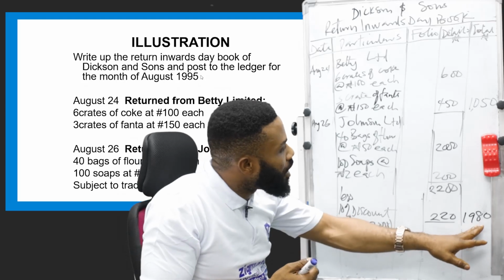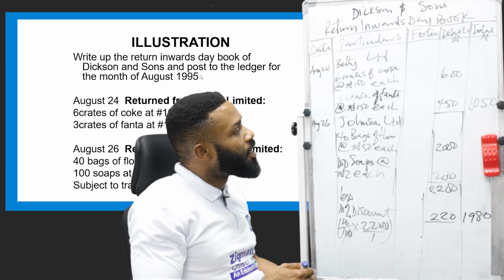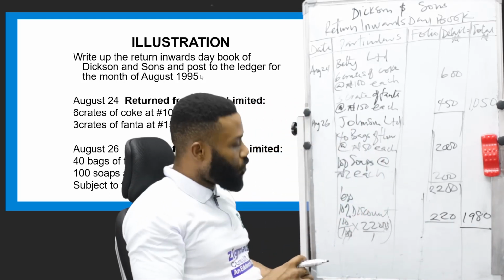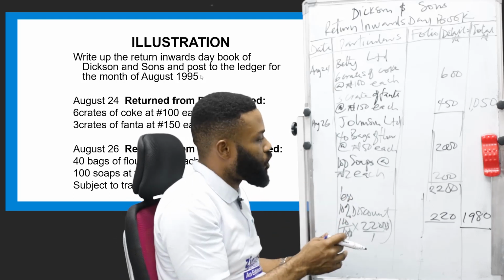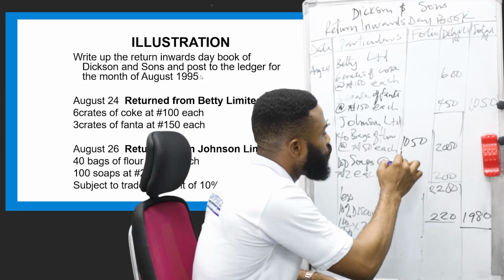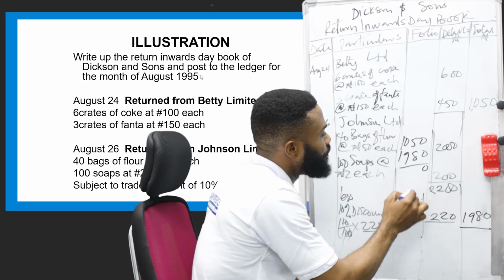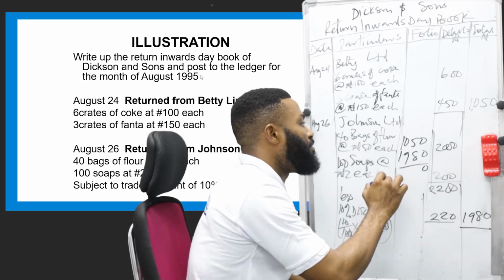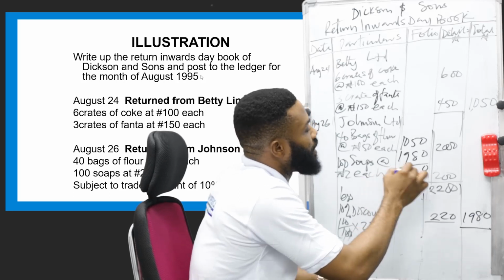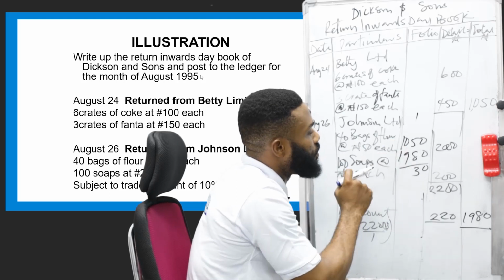Now this 1980 will be added to your 1050 to give you the total of the return inwards for the period. Let's do the addition together. 1050 plus 1980. This is 0. 8 plus 5 is 13. Write 3 and carry 1. 9 plus 0 is 9.